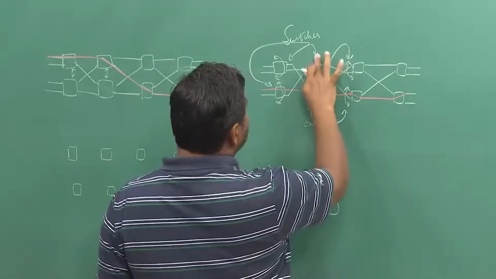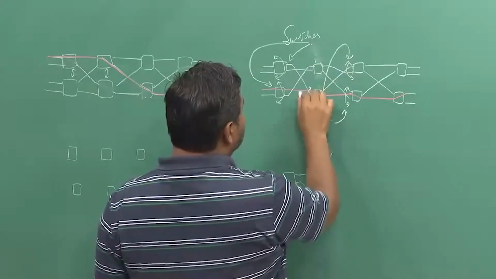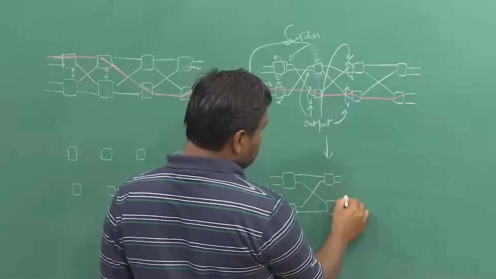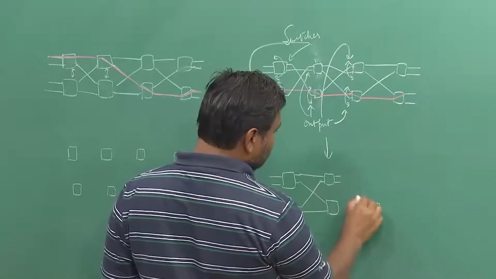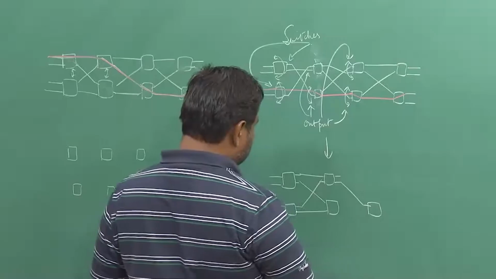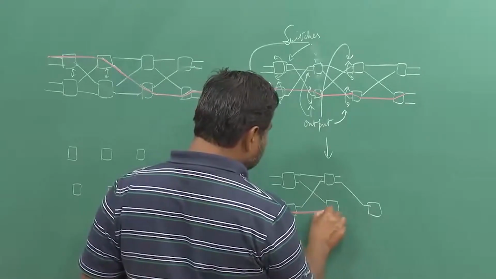In this case also it is not the switch, but the output which should be rotated actually. So, these two remain as they are. So, here the output has been rotated, so this will come here. We will actually connect it in this fashion.